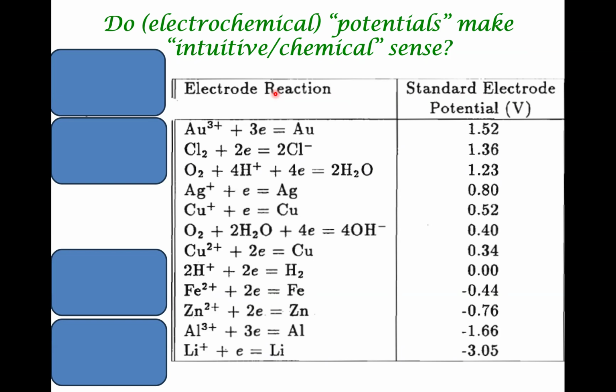We've already talked a lot about electrochemical reduction potential when we started discussing electrochemical thermodynamics. You should look at the previous lectures, but we'll just try to interpret electrochemical potentials in an intuitive sense.